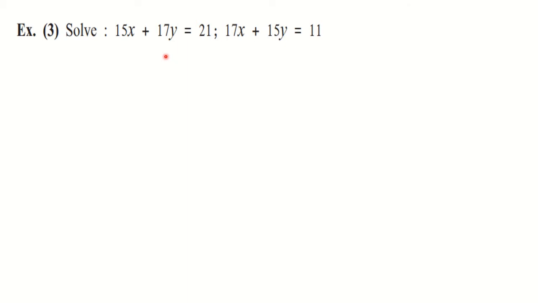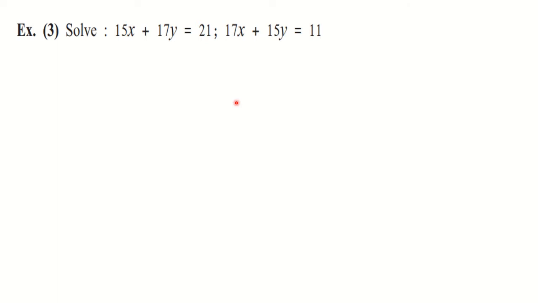So we are going to see another method here, the addition subtraction method, which you can use for this particular type of equations. Or you can keep in mind ASA in short: add, subtract, add. So let us start with this method. First of all, you have to number these equations as 1 and 2.